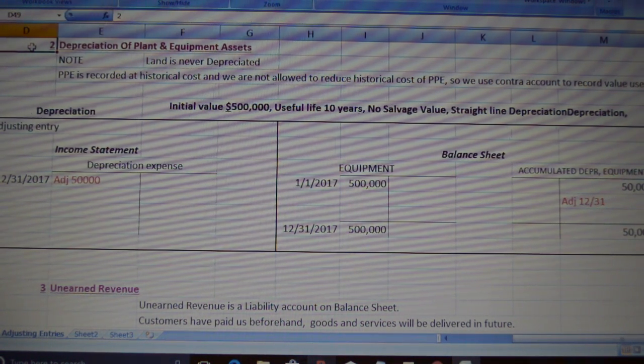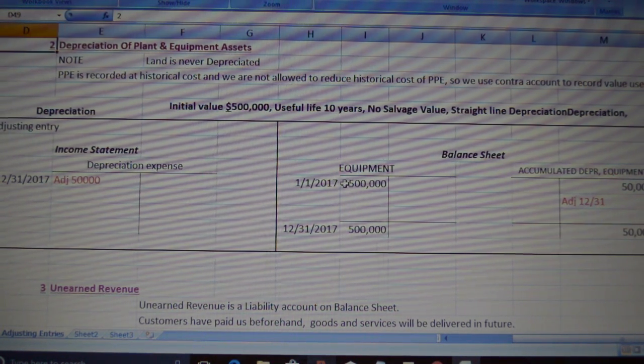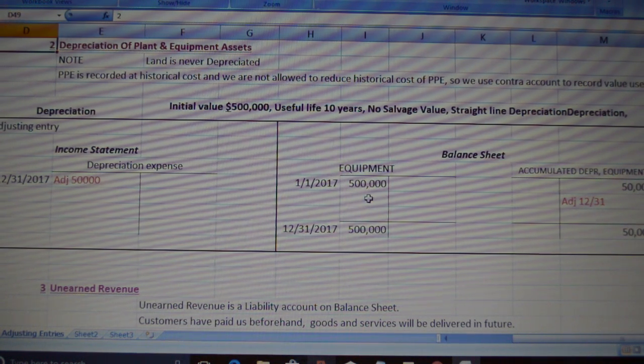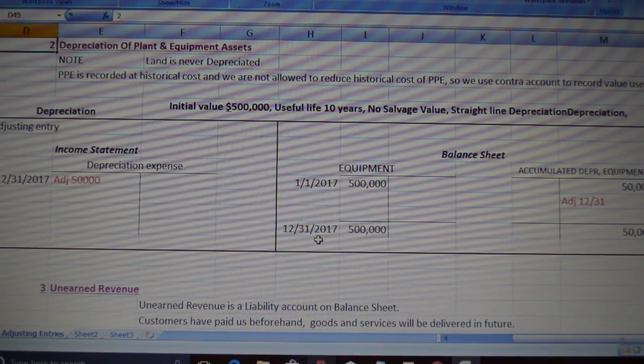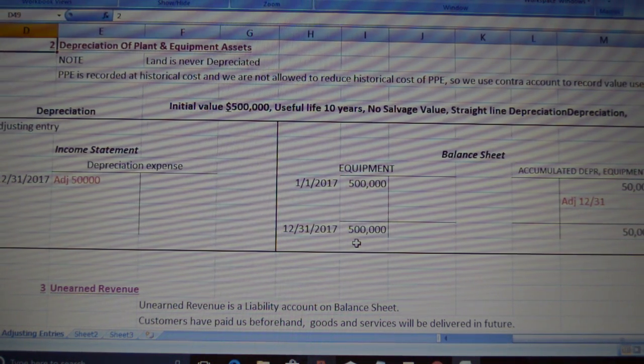Now, if you look at the balance sheet side of this video, you will see that the equipment is recorded on January 1 for $500,000. And on December 31, still the equipment shows the value of $500,000 because we cannot directly go and reduce the value of the equipment.